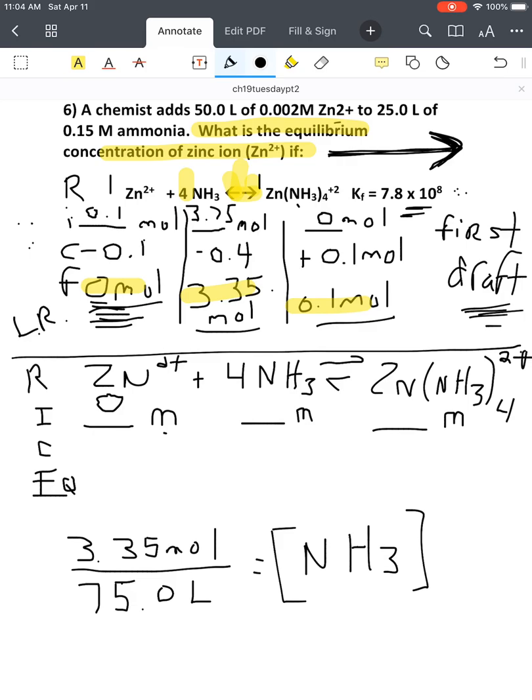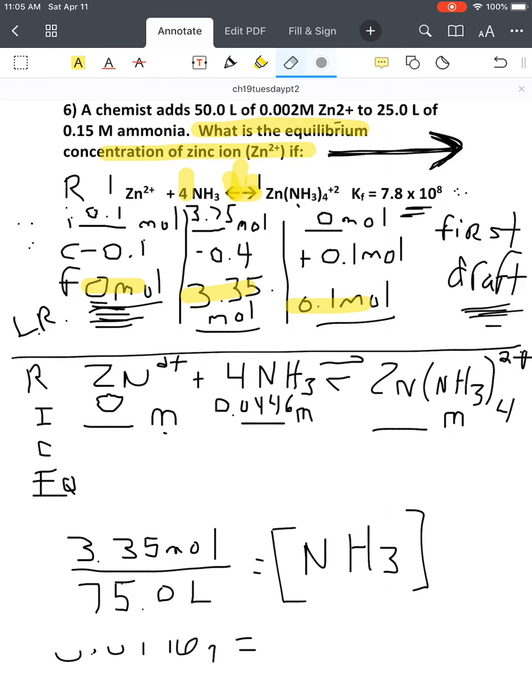So I'm going to have 3.35 moles dissolved in 75 liters. If I do the math, my molarity is equal to 0.0446, repeating, 4467. That's my molarity of ammonia. So I can go back to my ICE table and write that value in, 0.0446.